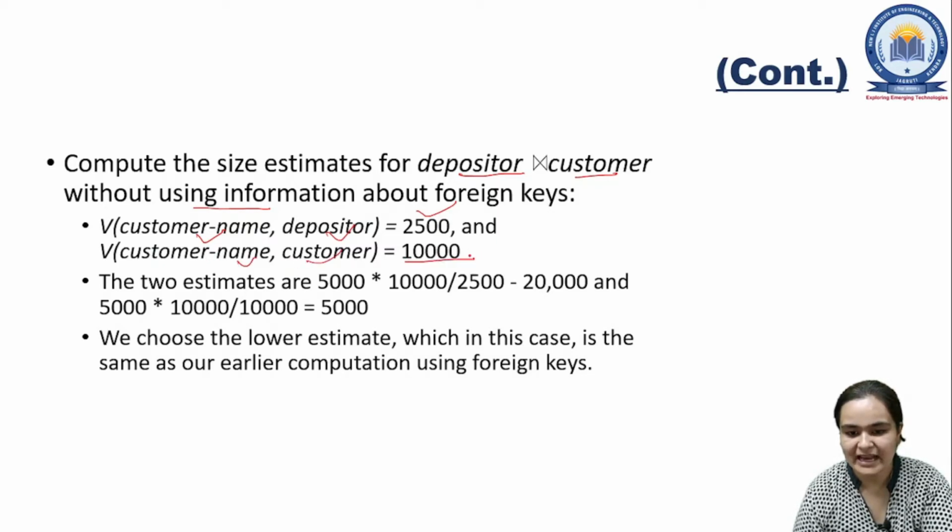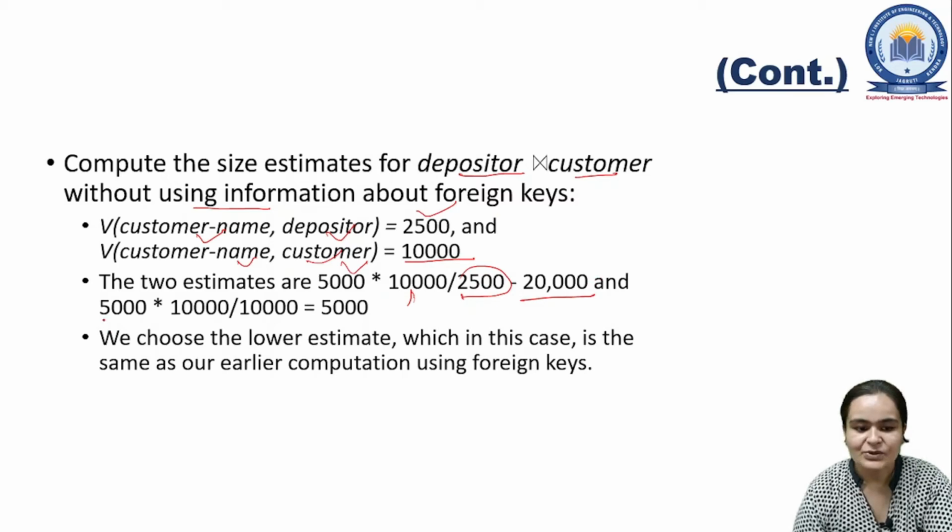The two estimates are 5,000 into 10,000, that is 5,000 from depositor and 10,000 from customer, divided by 2,500, which is 20,000. The other one is 5,000 into 10,000 upon 10,000, that is 5,000. This is how we estimate the size of the join we have made. We choose the lower estimate, which in this case is the same as our earlier computation using the foreign key.